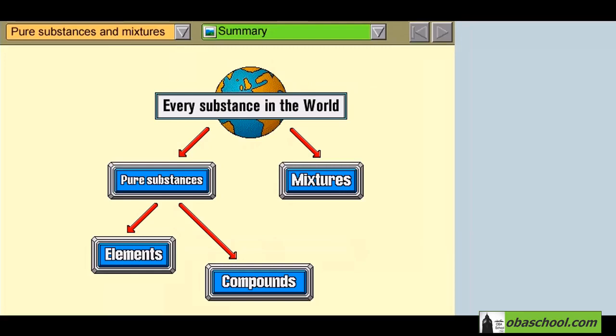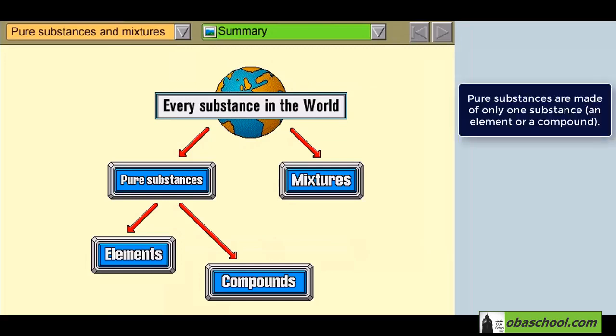In summary, there are a lot of substances in the world, different substances, and they can be pure substances or mixtures. As we said, pure substances are only made of one substance. This substance can be an element. For example, pure gold, it's a pure substance made of only one element, gold, Au.